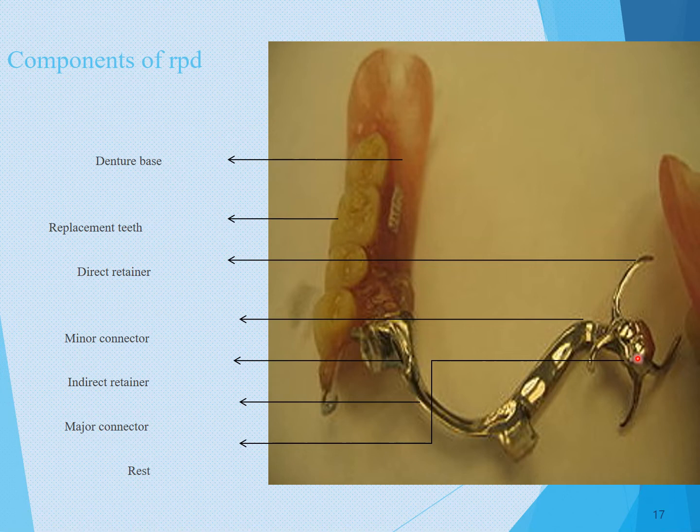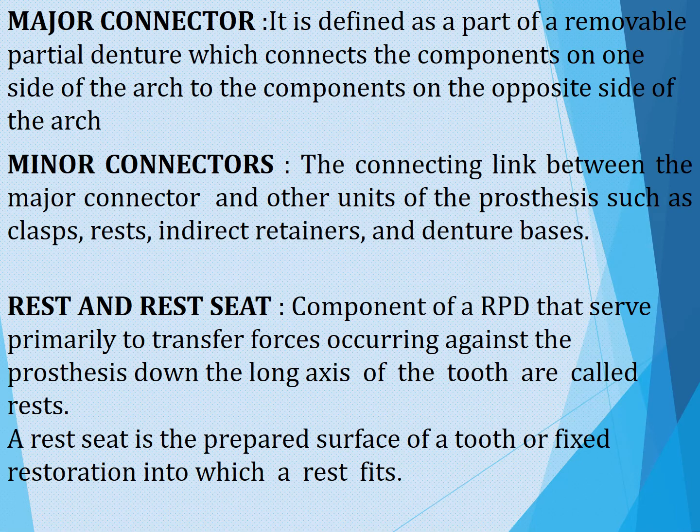I don't know if you'll be able to appreciate it or not. So these rests we put on the occlusal surface of the teeth, depending on the design and depending on which rest we want to put. So we'll talk about it later.